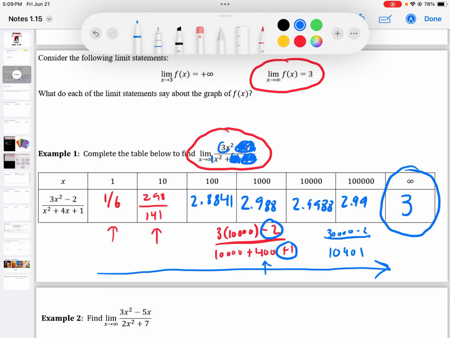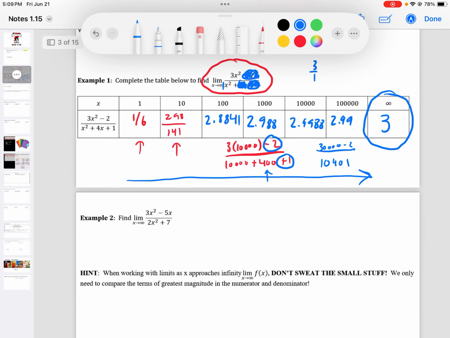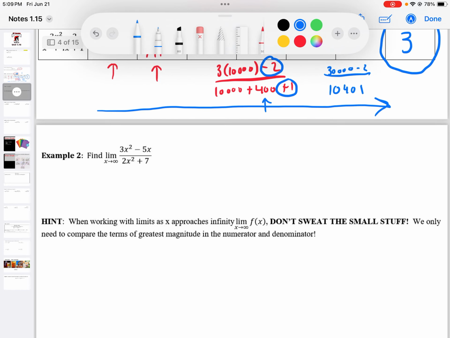And you might notice that is the quotient of those leading coefficients, that 3 over 1. So all we're really going to look at is the biggest degree. That's what's most important. And if it's the same degree on top and bottom, we look at those coefficients. And you might remember that Bobo, Botan, and then we called it Coco. You might have called it something else. But that is coming into effect here.